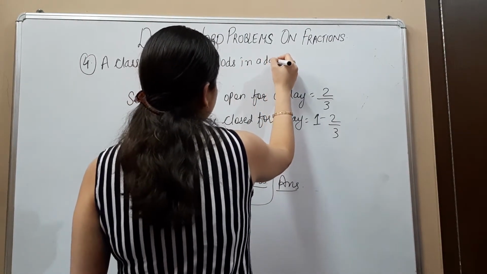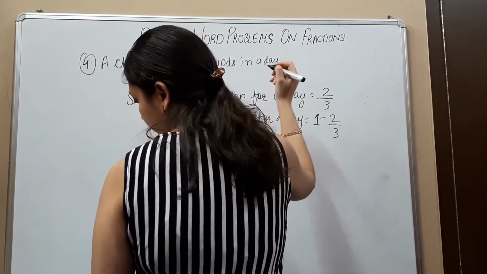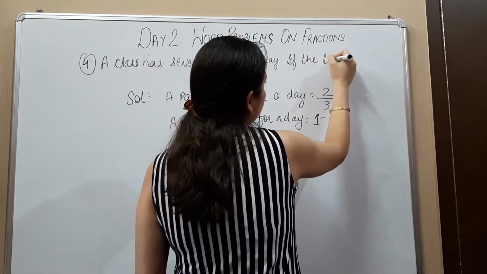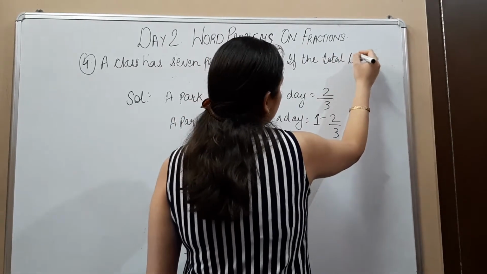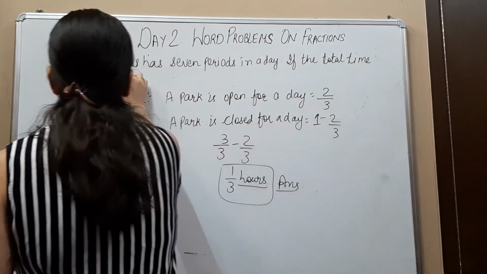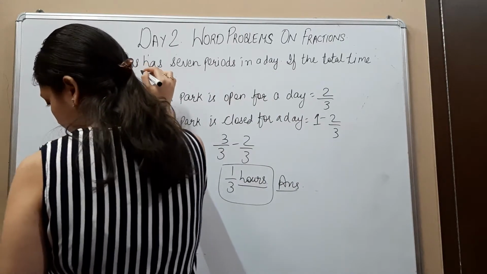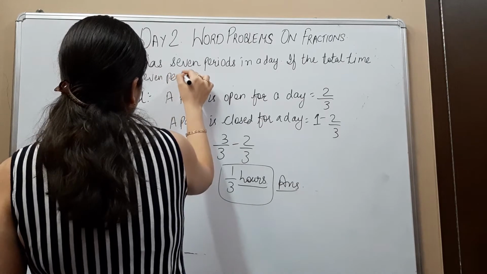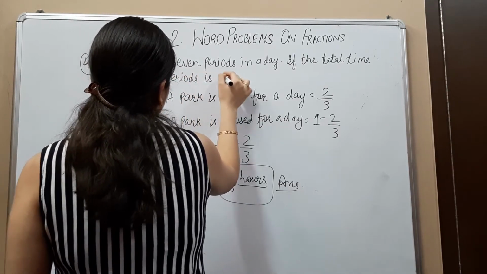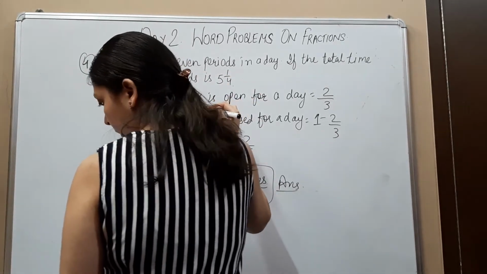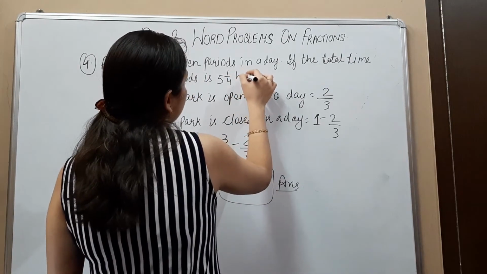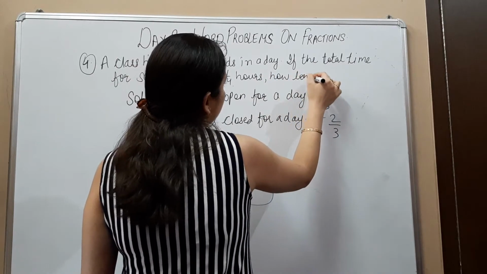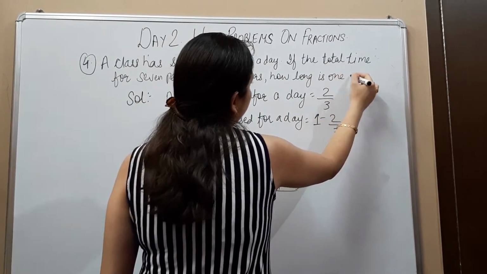If the total time for 7 periods is 5 whole 1 by 4 hours, how long is one period?